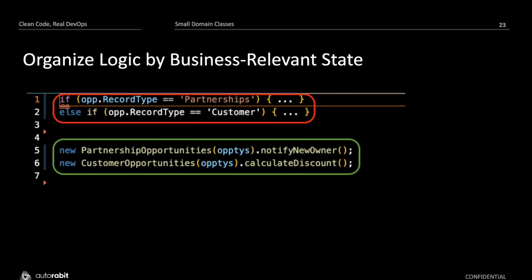But this is a lot cleaner, and it also aligns with the single responsibility principle. And it also makes our code more modular, right? And so if we have code that interacts with partnership opportunities and customer opportunities, we could even mock those classes during our tests, right? If we have a dedicated class for partnership opportunities, we could mock the notify new owner method in a test so that we can test it in combination with other classes.